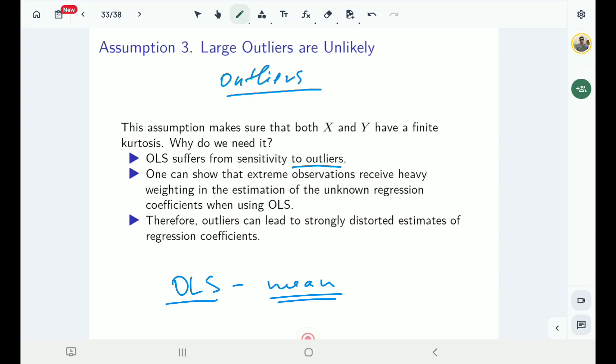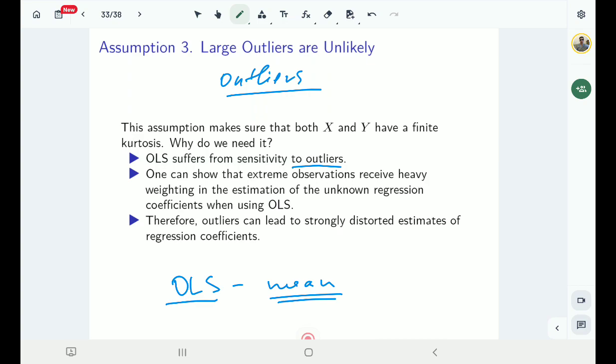So it is instructive that before fitting a linear regression model, you analyze the data. If you have outliers, then drop them, and after that fit the linear regression model, because OLS estimators are very sensitive to outliers.